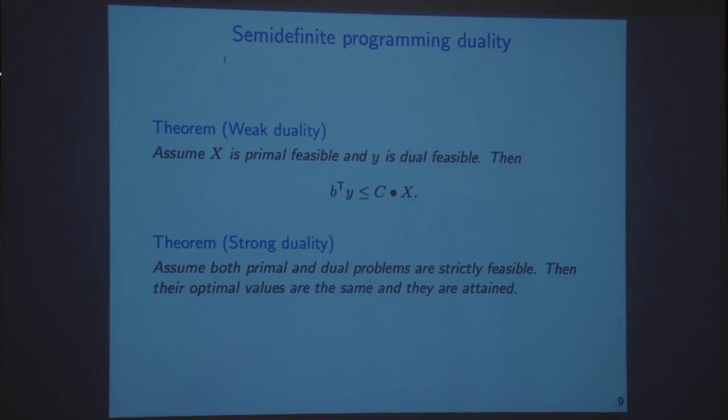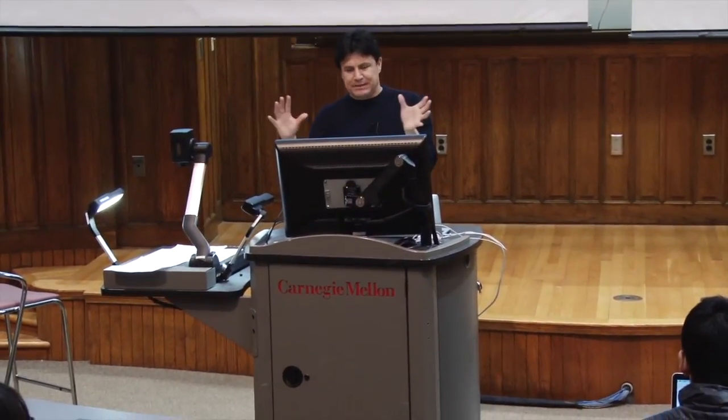And then we have this business of strong duality. This is interesting because it is a key distinction between linear and semi-definite programming. In linear programming, we essentially always have strong duality, except in some pathological cases when maybe the primal problem is unbounded or infeasible.